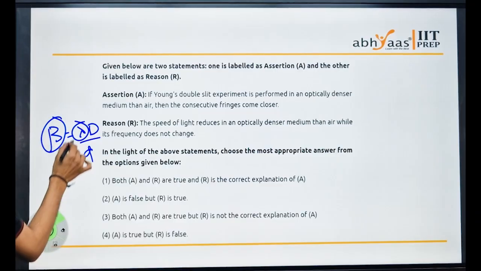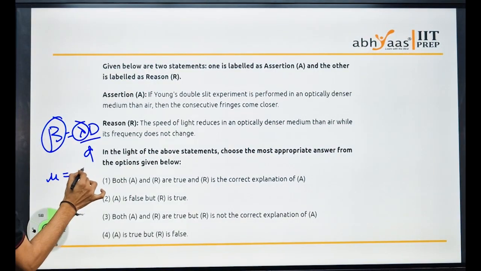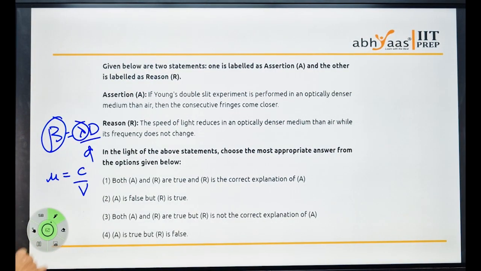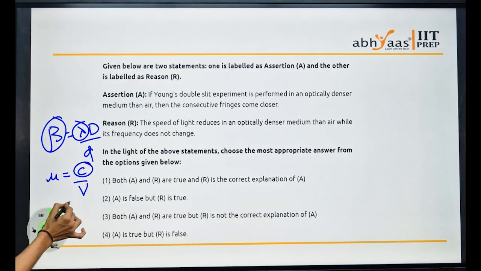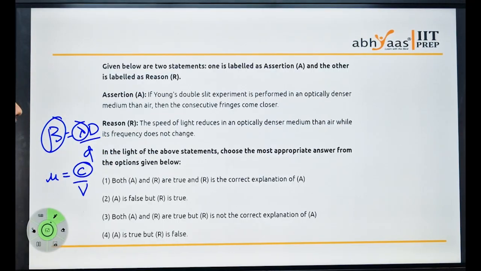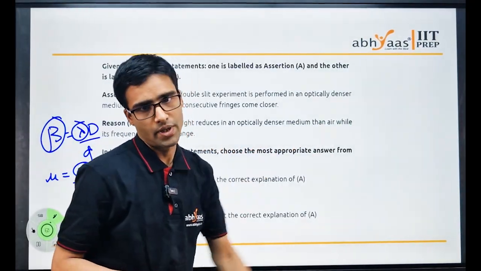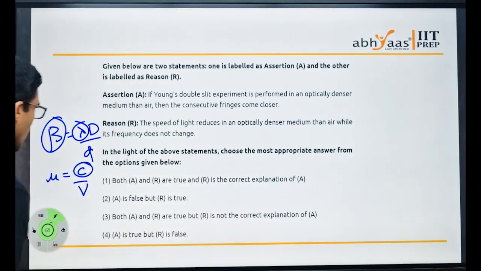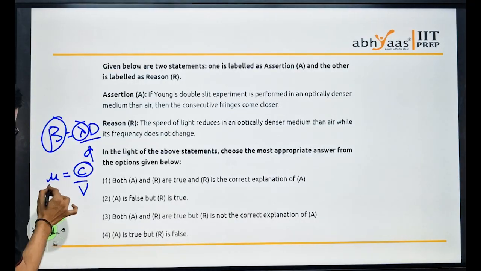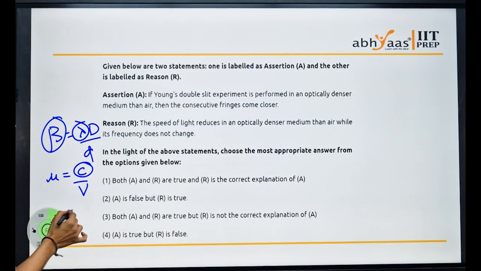So what is it asking? If you see, mu is equal to c by v. So here c we need to change. Why? Because there are two mediums. He is comparing a denser medium and a rarer medium. If we consider air as vacuum, then mu, the refractive index, is proportional to c.